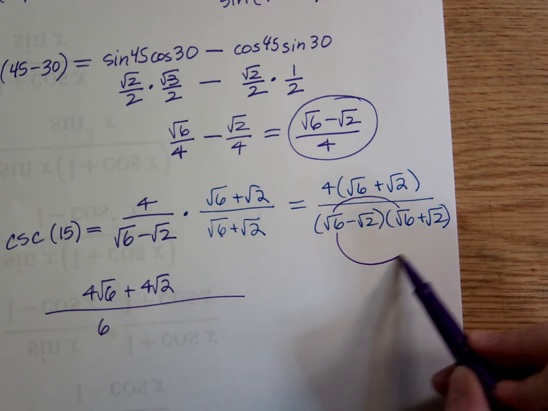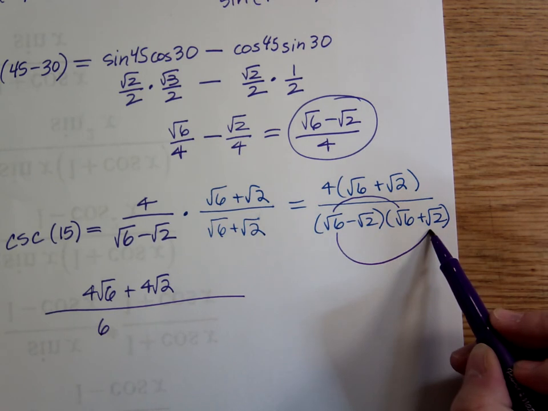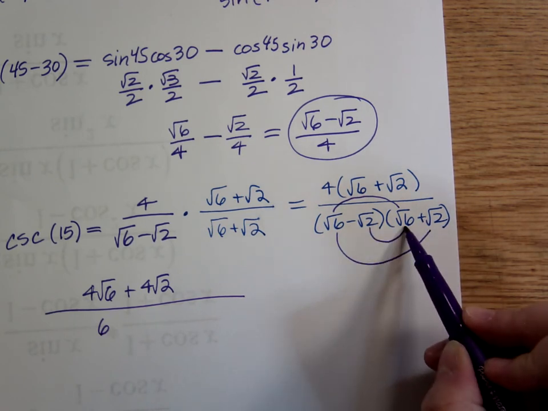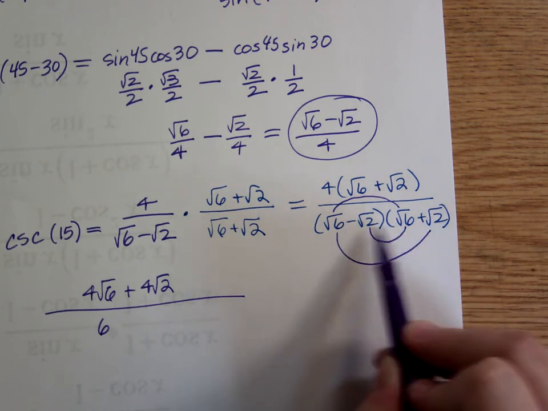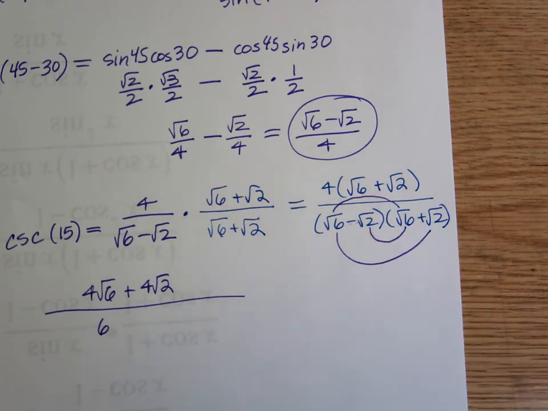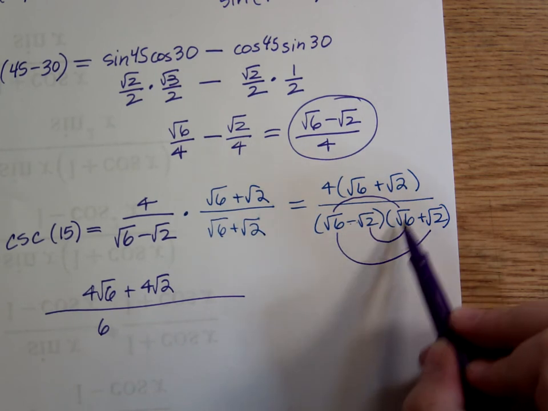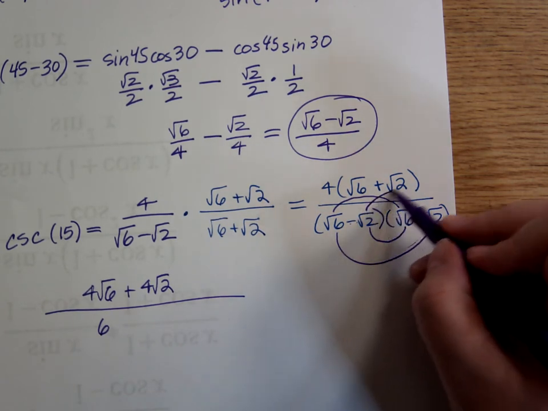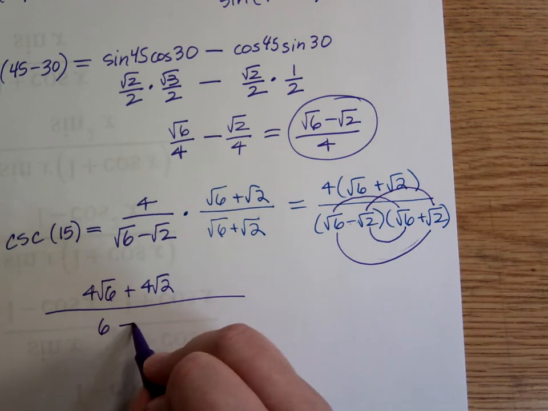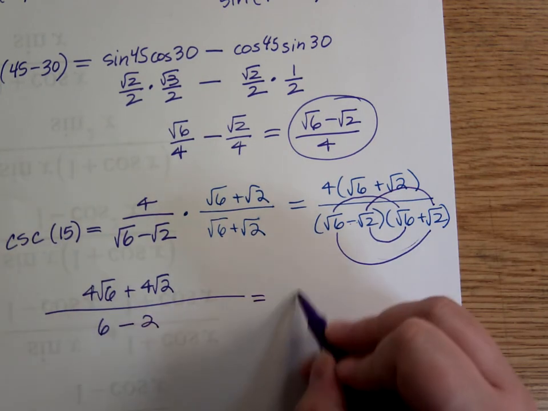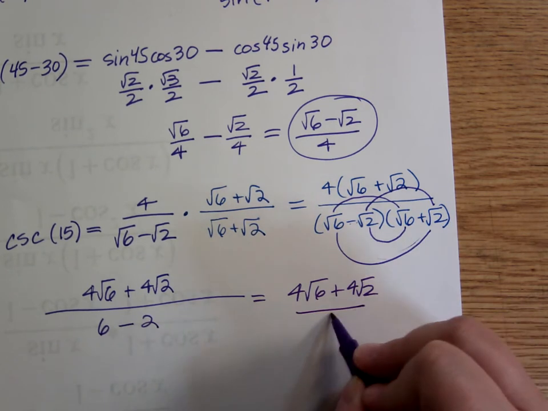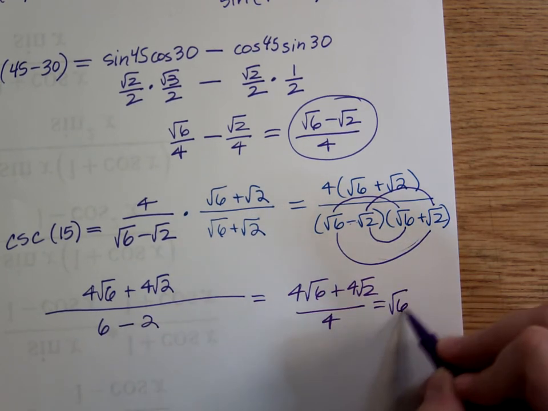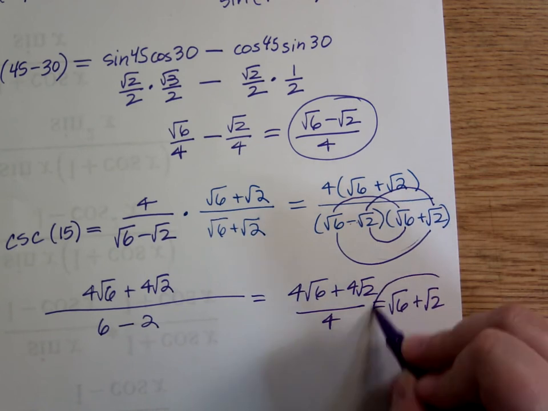Root 6 times root 2 is square root of 12. But this is going to give me negative square root of 12. So these two will cancel each other out, which is the whole point of multiplying by the same thing except with the opposite sign. So I don't even have to worry about either one of those terms. Negative root 2 times positive root 2 is negative 2. So that's just a 4. So look what's going to divide out. How exciting. 4 comes out of everything, so root 6 plus root 2 is my answer.